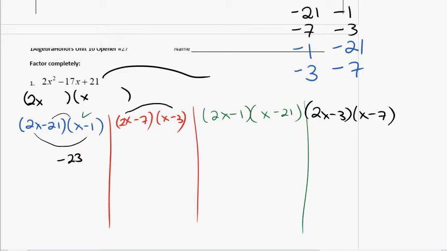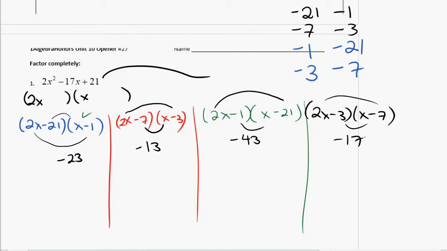So that gives me a negative 23 in the middle. This gives me a negative 13, because 2 times negative 3 is 6, minus 7. This is going to give me a negative 43. And do it out if you don't see it, that's fine. This is going to give me a negative 17. Of course, my last choice is the 1.